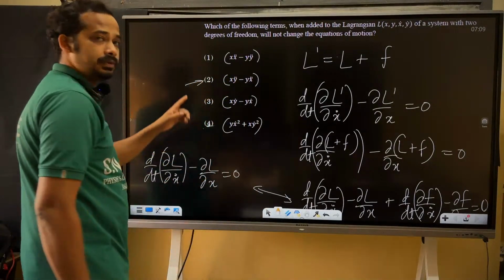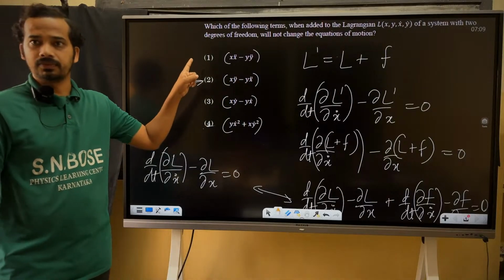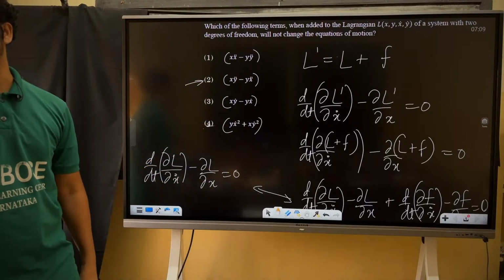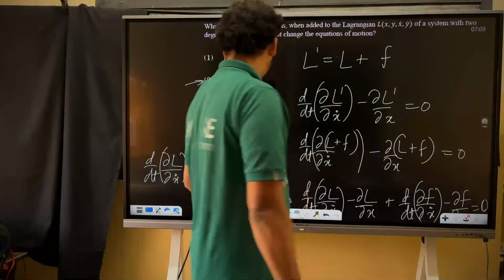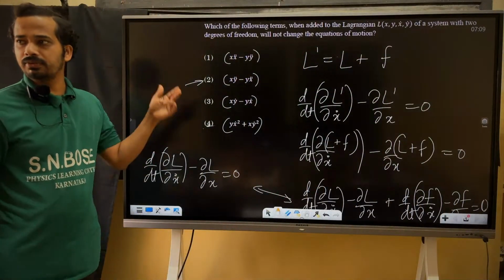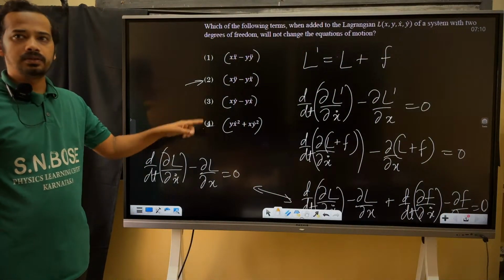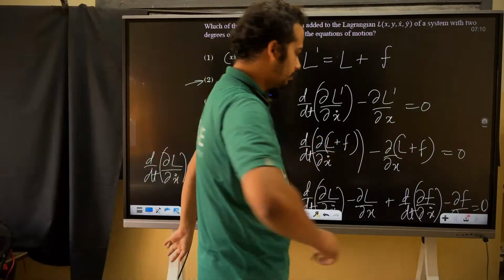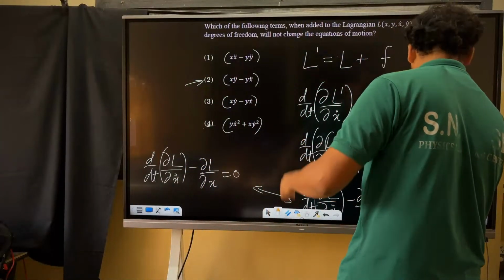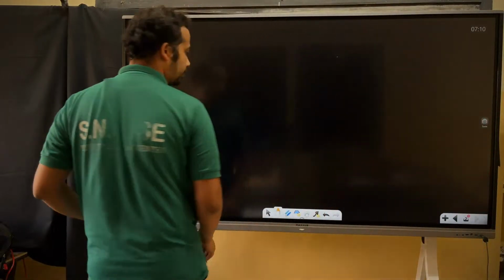So I'll try the second one. You have to start with the first one while doing any trial and error. If you do that, you will quickly get to know 3 and 4 are not feasible, but at least you should start with the first. Right now, to save time, I'll show that option 2 works.